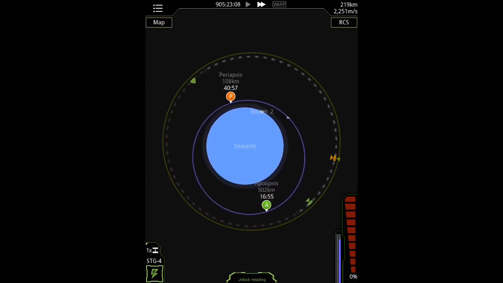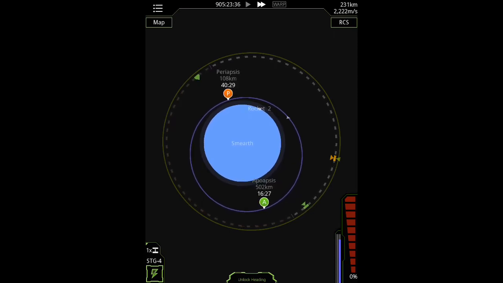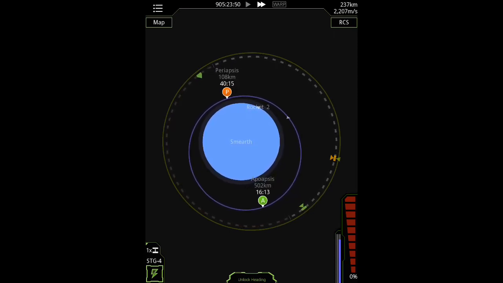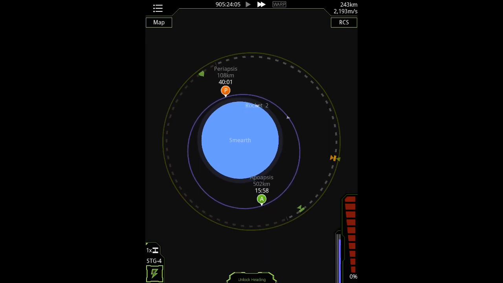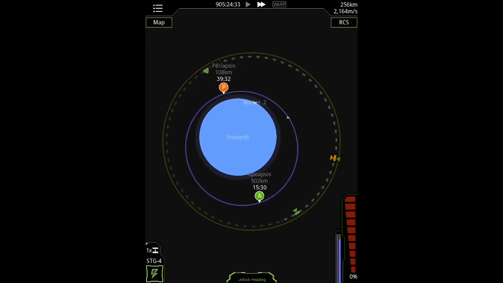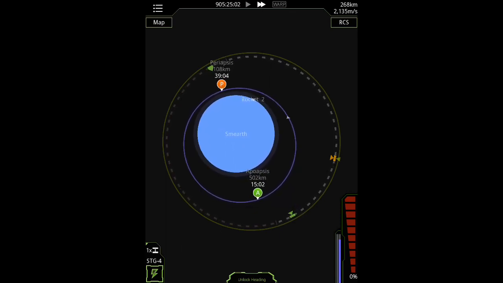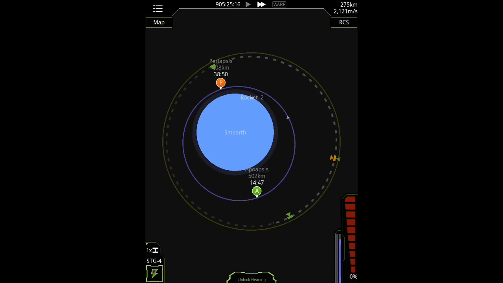And so we can think of this like that roller coaster loop. The apoapsis is the top of our loop, where the periapsis is the bottom of our loop. And so we are just stuck going in that loop forever, gaining velocity and then burning it back up to get up to the apoapsis and then falling back to the periapsis again.